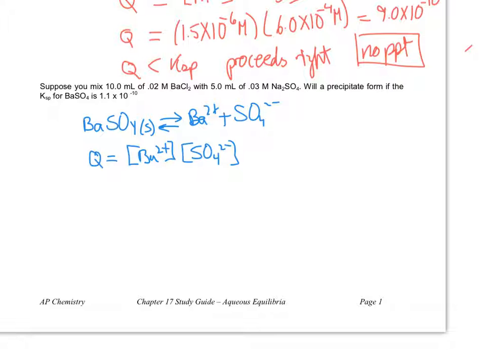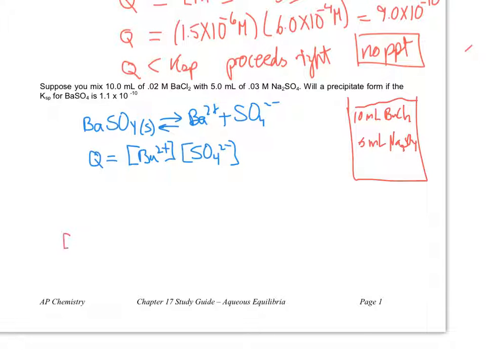So in my flask here, what I have is 10 milliliters of my BaCl2, and I have 5 milliliters of my Na2SO4. And so the total volume of my solution is 15 milliliters. So I need to figure out how many moles of each and divide by 15 milliliters to figure out what the concentration is. So I'll do that down here.